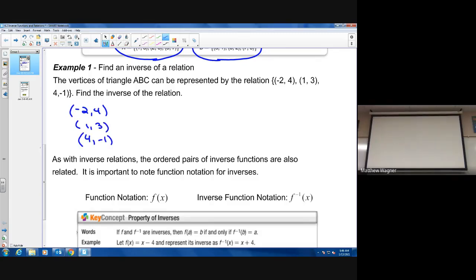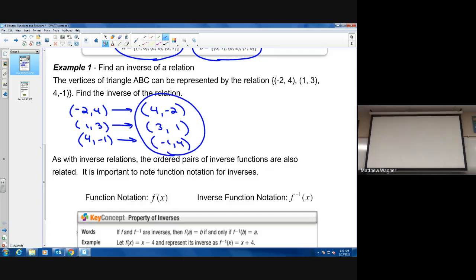It says find the inverse of this relation. Well, to find the inverse, what do we do? We switch the x and y coordinates. No way. Really? Yep. That's as hard as it gets, okay?